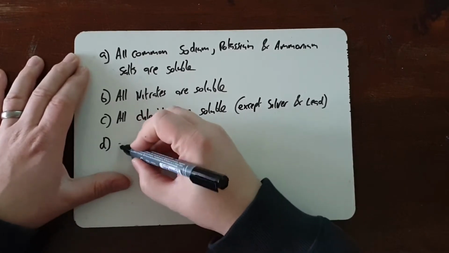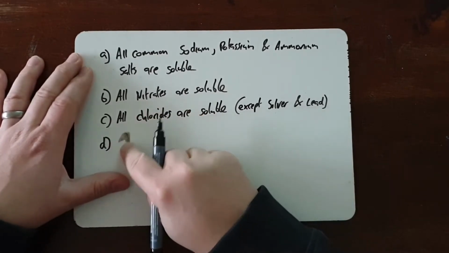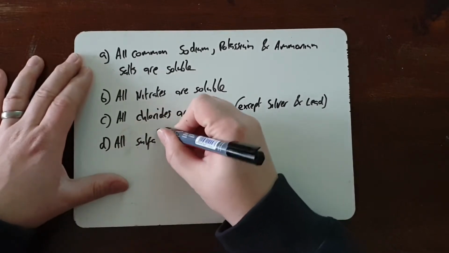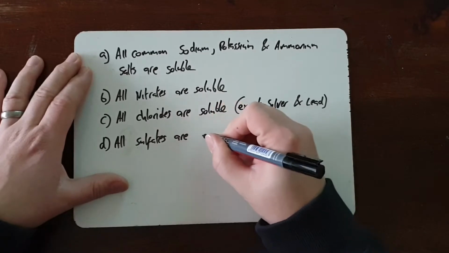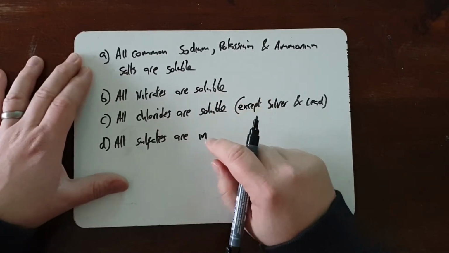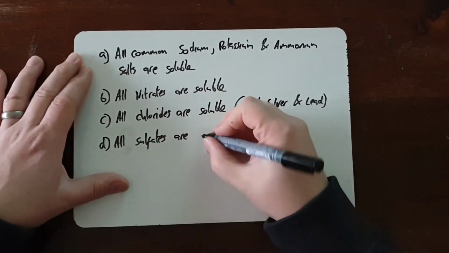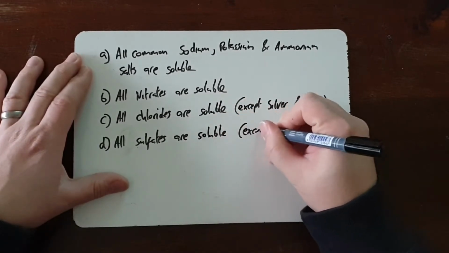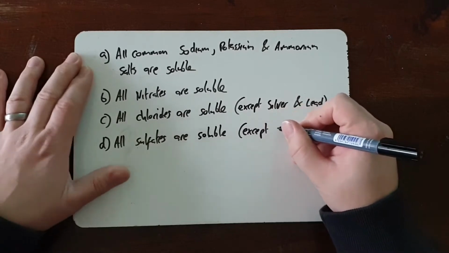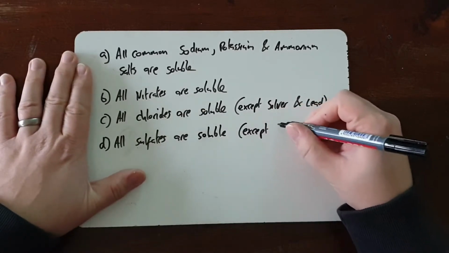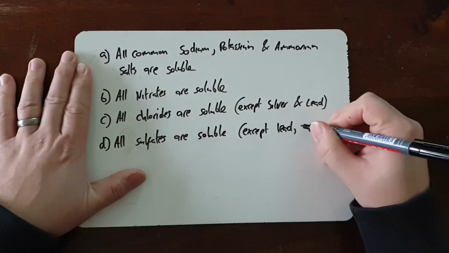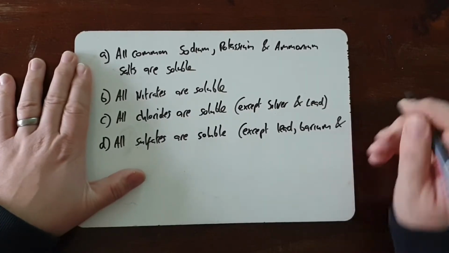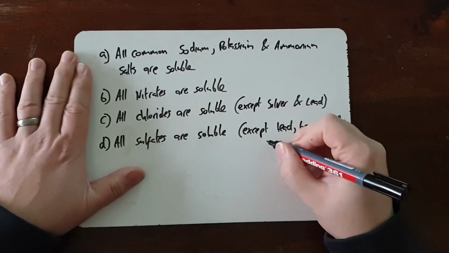D is sulfates. So all sulfates are soluble. Again, there's some exceptions, and the exceptions here are lead, barium, and calcium.